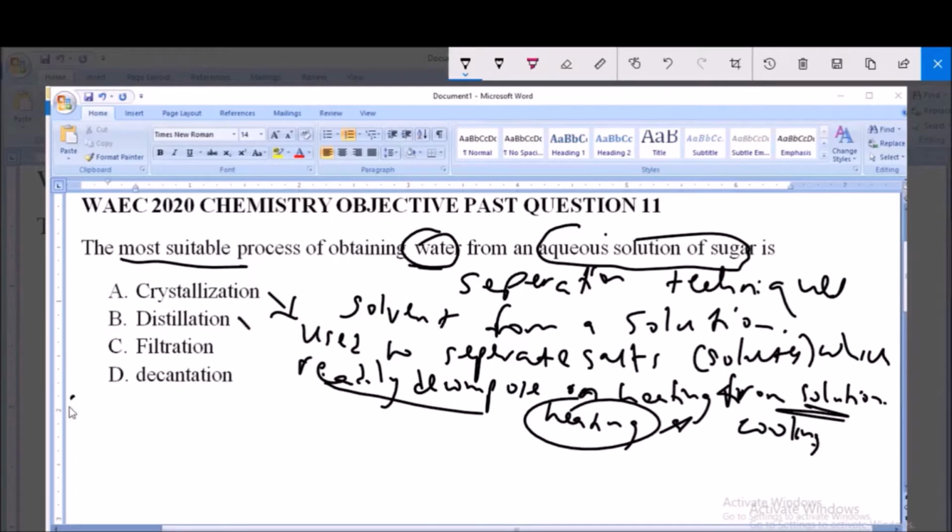Now option B, which is distillation, is a separation technique used to recover solvent from solution.